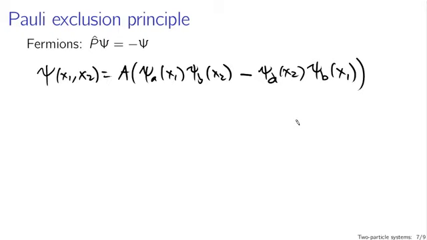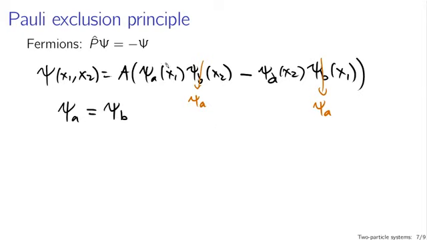The Pauli exclusion principle determines what happens if the two particles are in the same state. If the two particles are in the same state, psi a is equal to psi b. What that means is that I can rewrite this as psi a and rewrite this as psi a. You can tell what we're left with now.